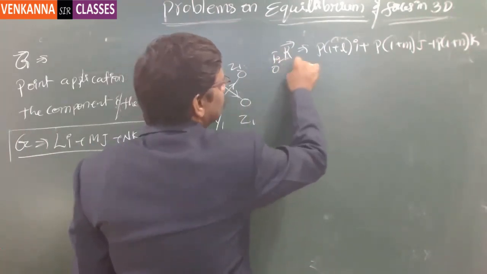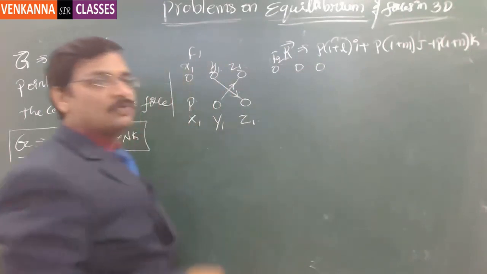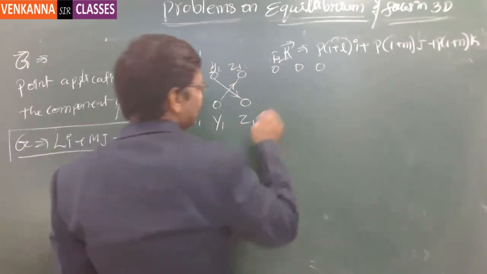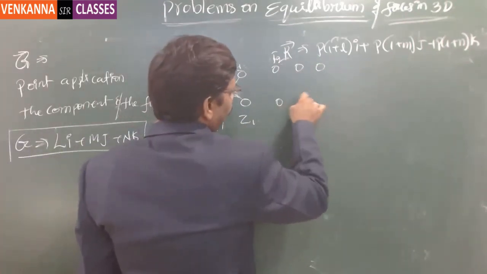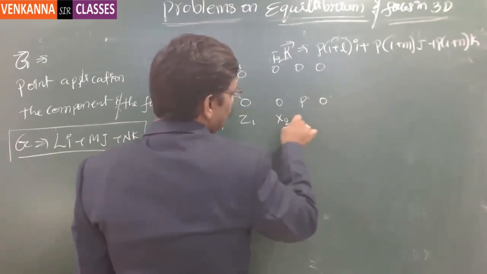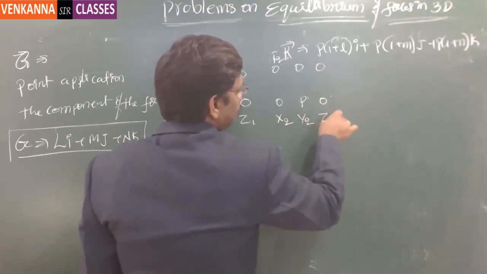In this manner, for F2, the point of application of the force is 0, 0, 0, and the components of the force along the x-axis, y-axis and z-axis are 0, P and 0. So this is x2, y2, z2.